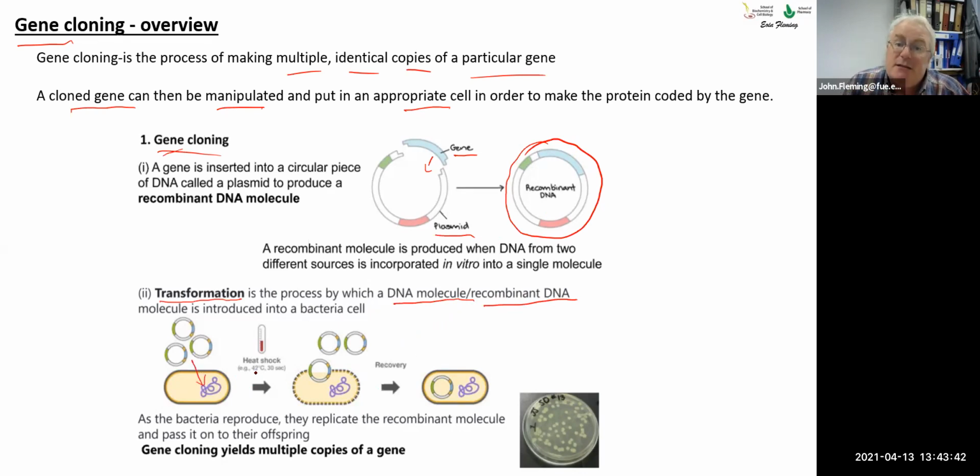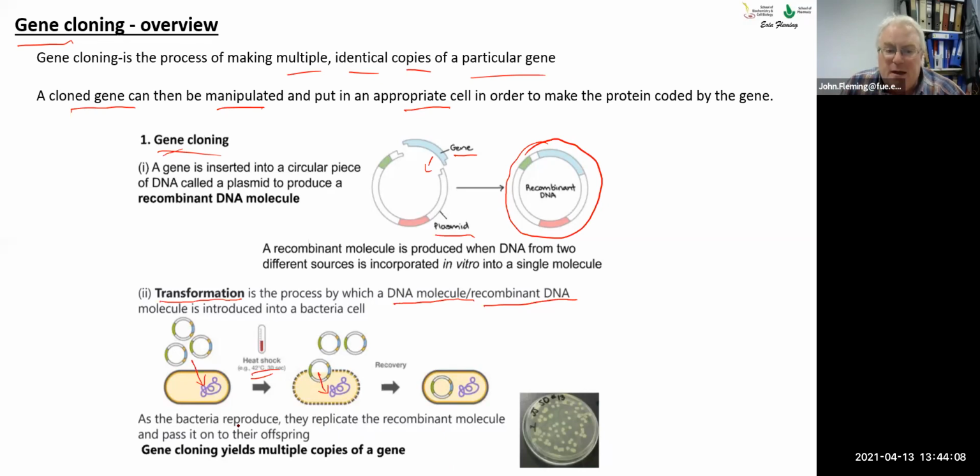Through transformation, which often involves heat shocking the bacteria, we can get the plasmid to go into the cell. And here we have the plasmid that contains our gene of interest, now located within a cell that's capable of producing the protein encoded by that specific genetic sequence.